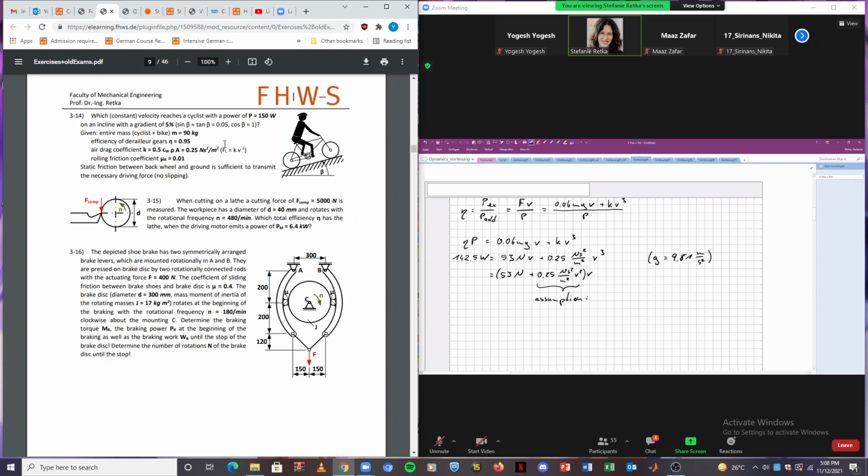Of course, it could be wrong. We will figure out if it was correct or not at the end. So I assume that k_B v squared is smaller than the 53 Newton.